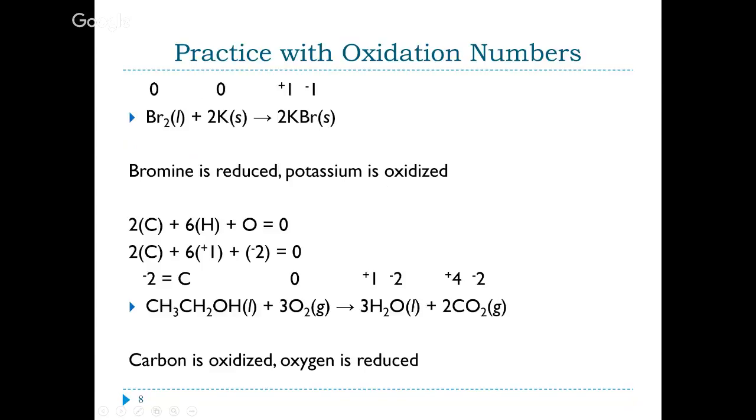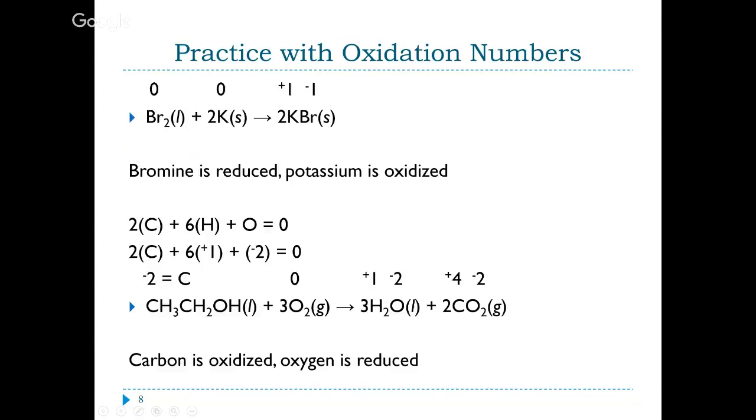However, because hydrogen is bonded to other nonmetals, it is a +1. Oxygen is a -2 because it's not in any special state. So here we have 6 minus 2 is a +4. There are 2 carbons, which means that each individual carbon has to be a -2 because 2 times -2 is -4, which then allows us to get to an overall neutral charge of 0.